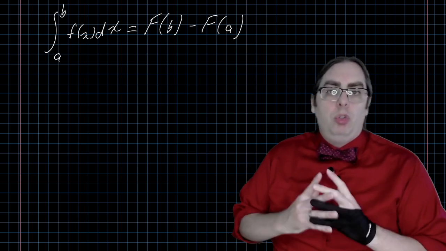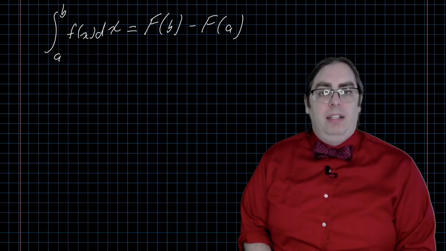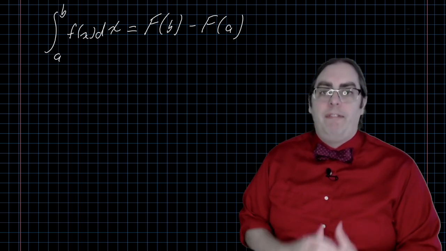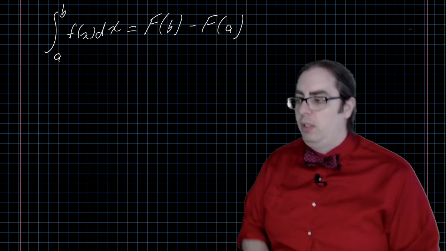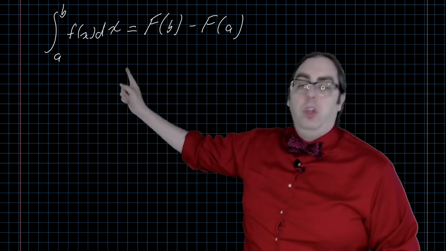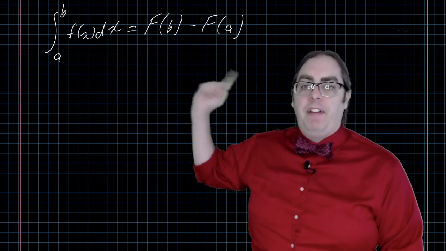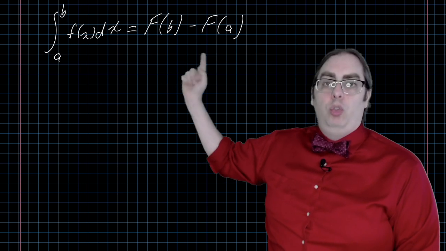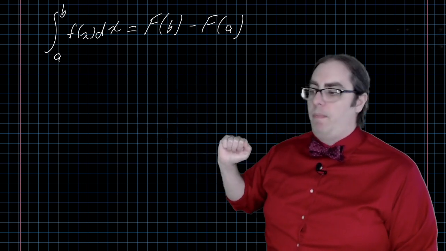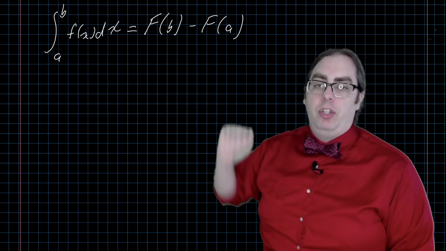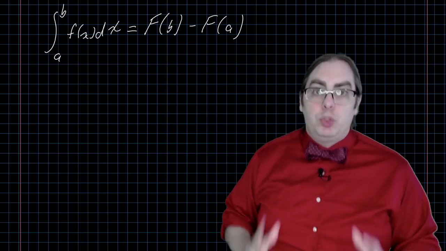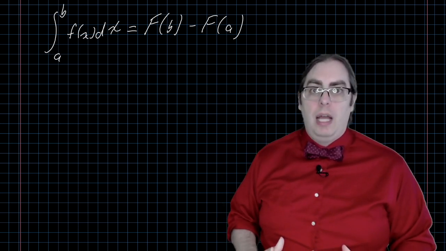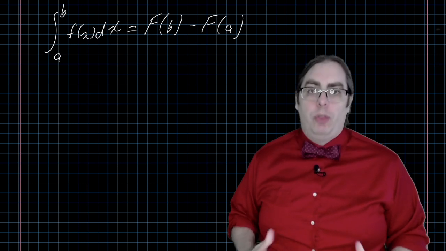If I want to evaluate a definite integral, I look at my integrand. I find the function whose derivative is that integrand. I evaluate it at the two limits of integration. I subtract them. I don't have to do anything with Riemann sums.